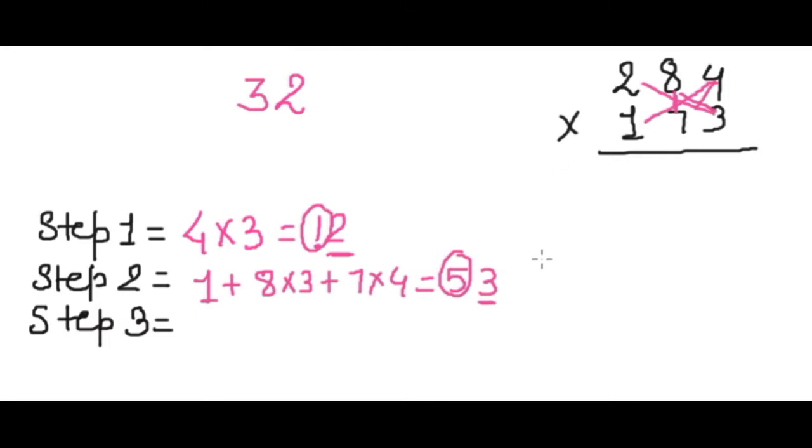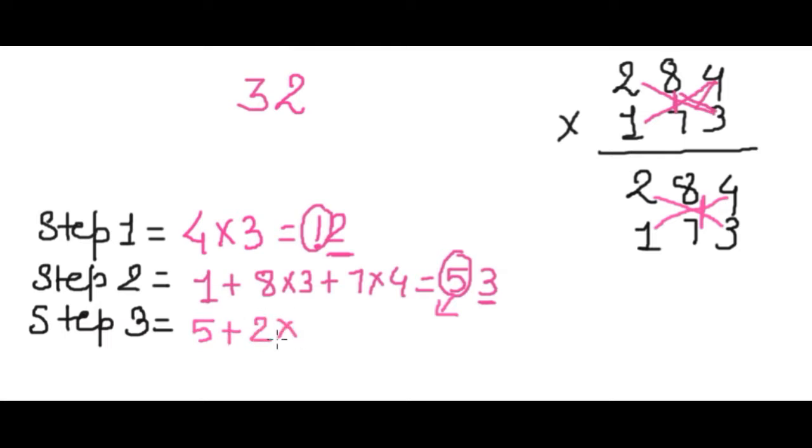I am writing here again for a clear picture, 284 and 173. 2 into 3, 4 into 1 and 8 into 7. We will carry forward this 5 here. So first we will write 5 plus 2 into 3 plus 4 into 1 plus 8 into 7.